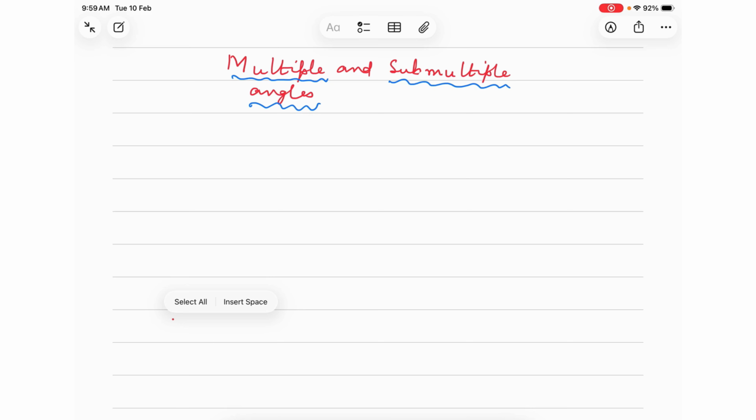Now the third chapter of trigonometry is multiple and submultiple angles.